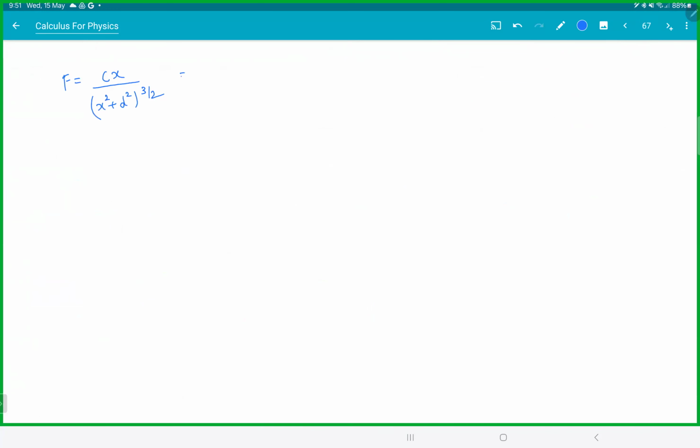This can be written as C into x into (x square plus d square) whole power minus 3 by 2. I'll use product rule. So df by dx, C is anyway constant, so just keep it outside. So it will be x into the differential of (x square plus d square) whole power minus 3 by 2, plus (x square plus d square) whole power minus 3 by 2 into dx by dx.